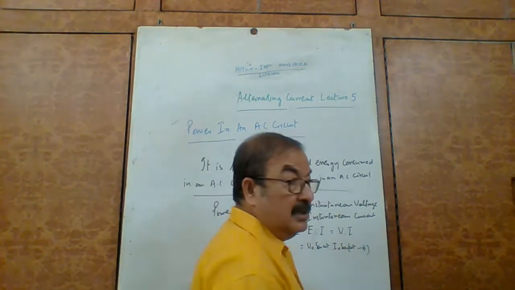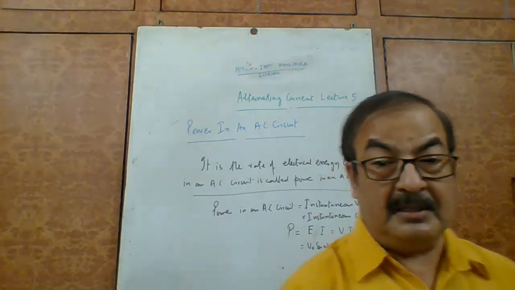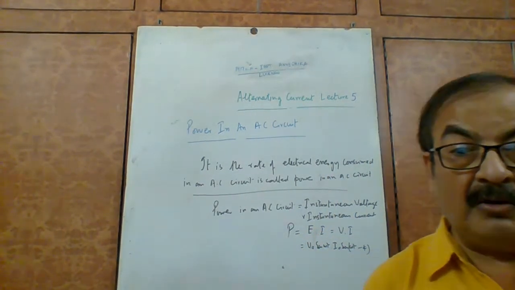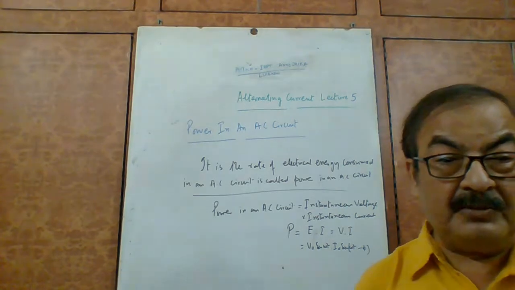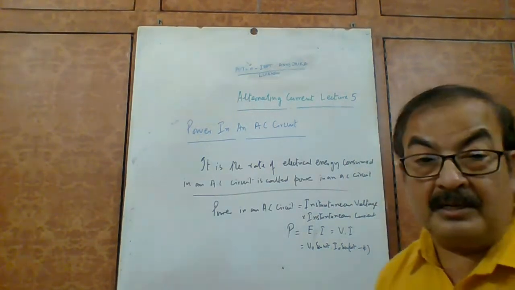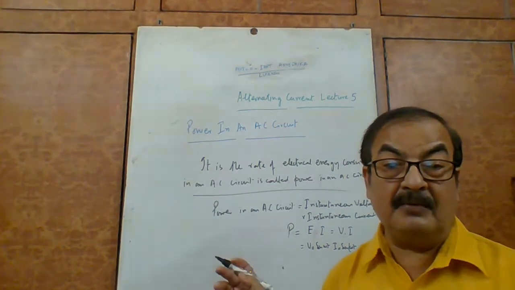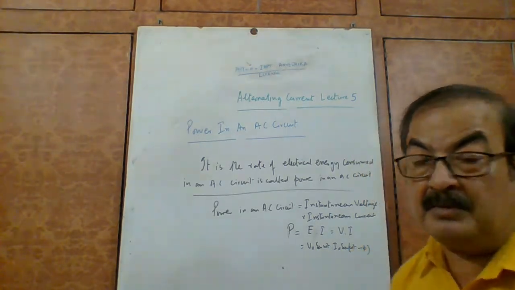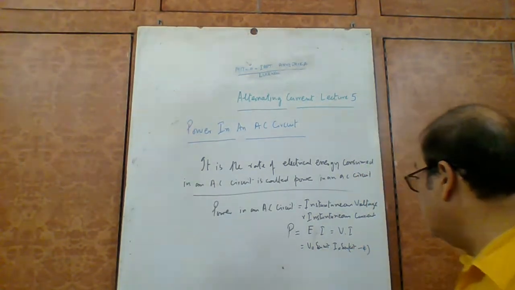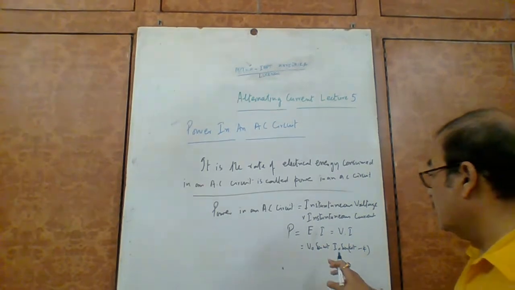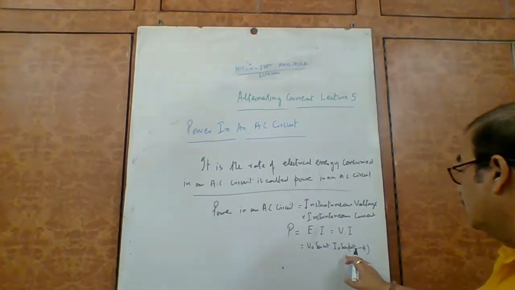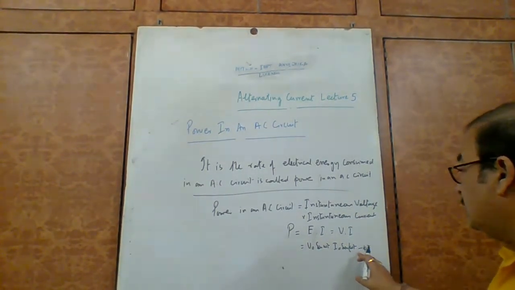Always remember, the speciality in an AC circuit is that there is always a phase difference between voltage and current, and we consider it to be phi. The phase difference between them is phi, and that is why we have written V naught sine omega t and I naught sine omega t minus phi.